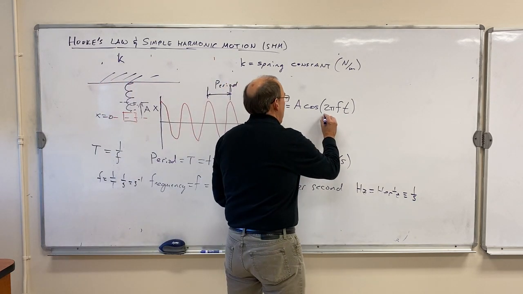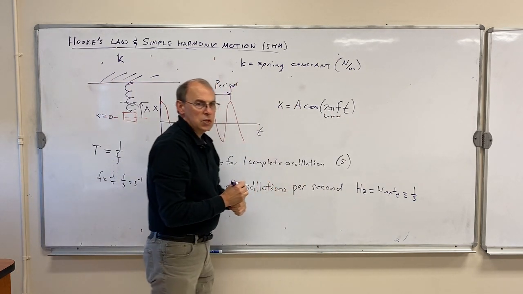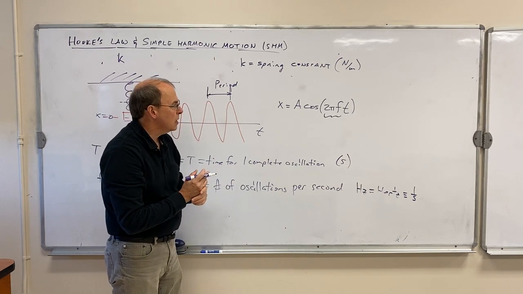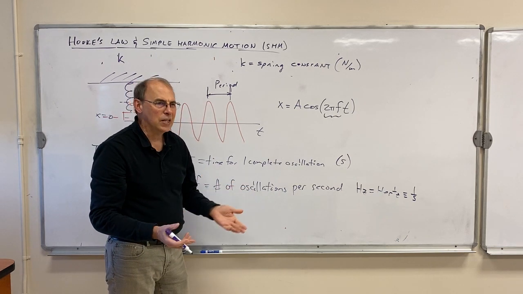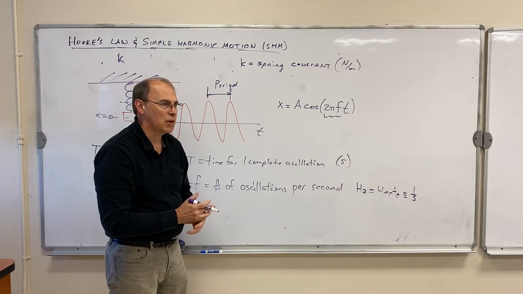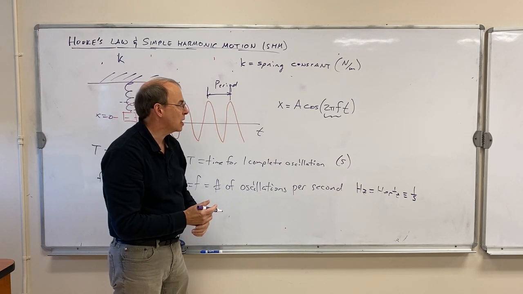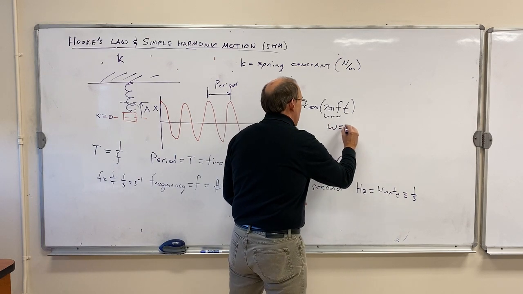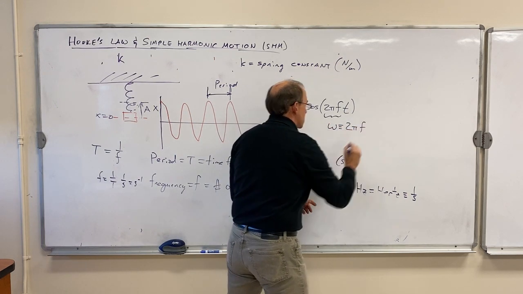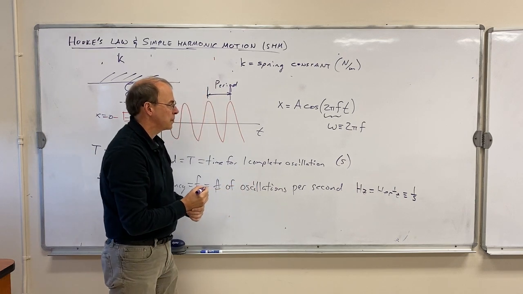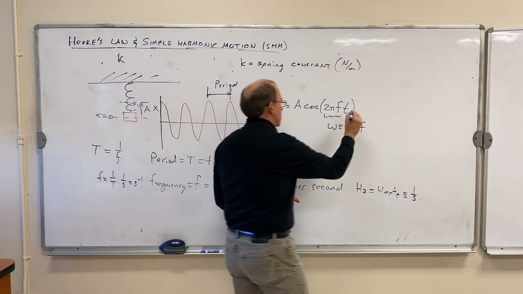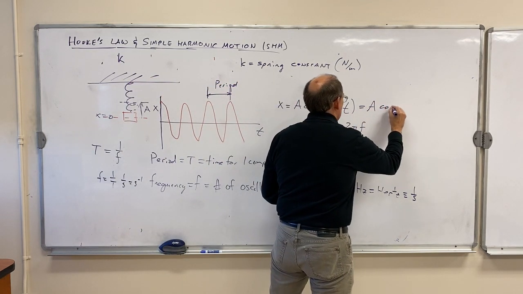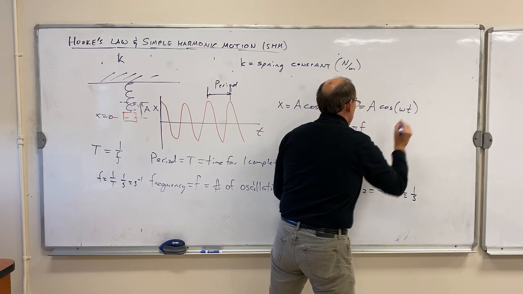This quantity 2 pi f, because of the relationship to circular motion and because it just makes a lot of mathematics tidier, especially in higher mathematics, is defined to be something called the angular frequency, omega. So we can also write this as A cosine omega t.